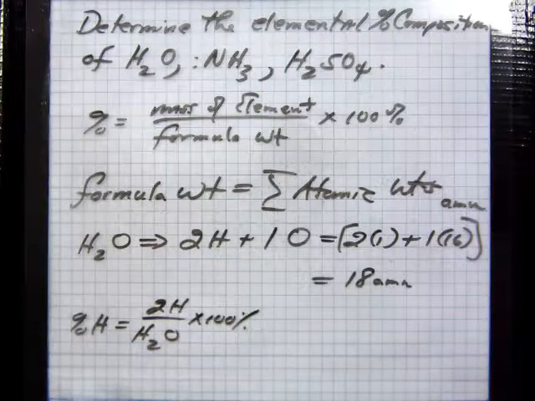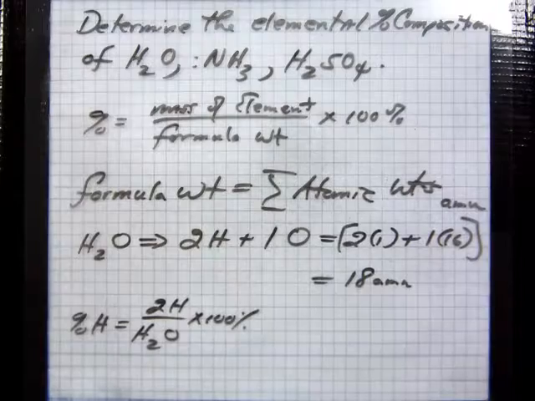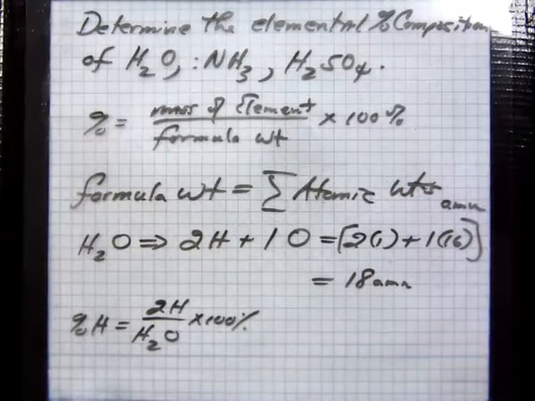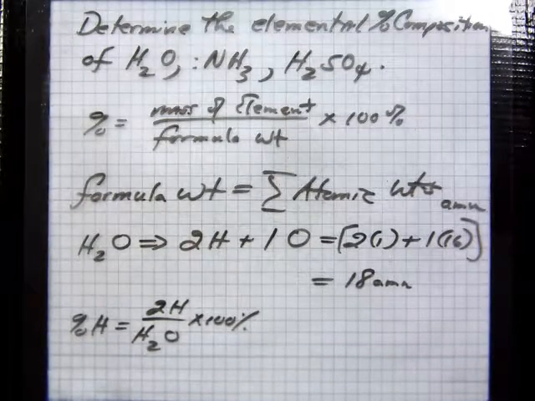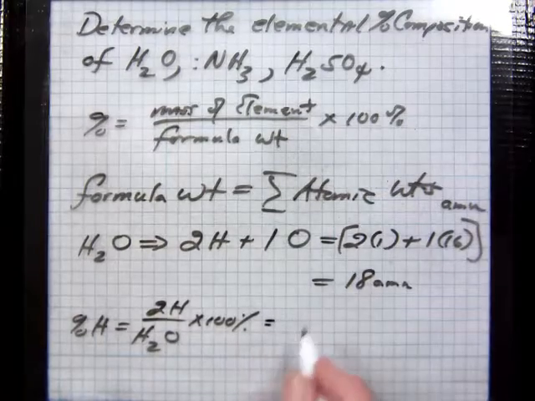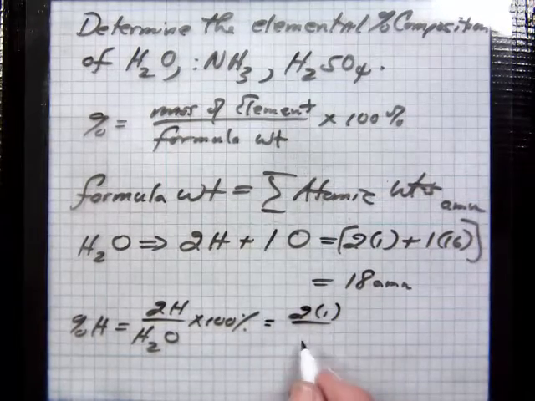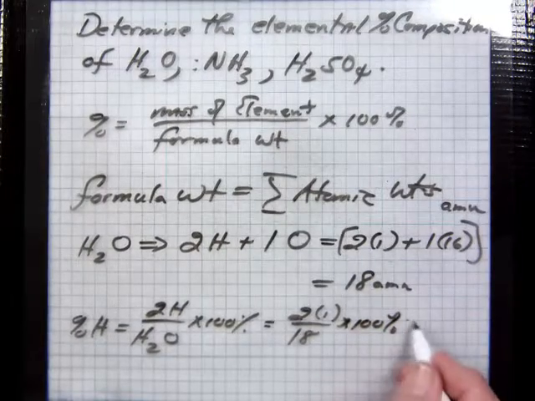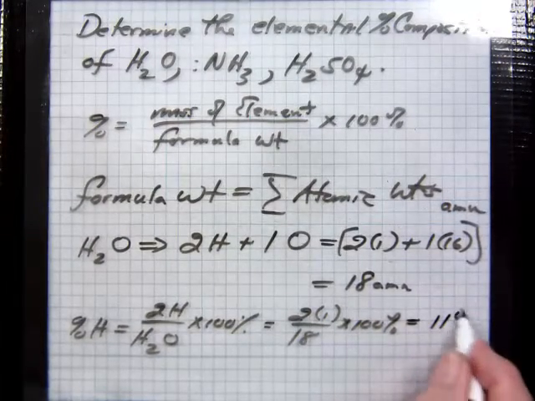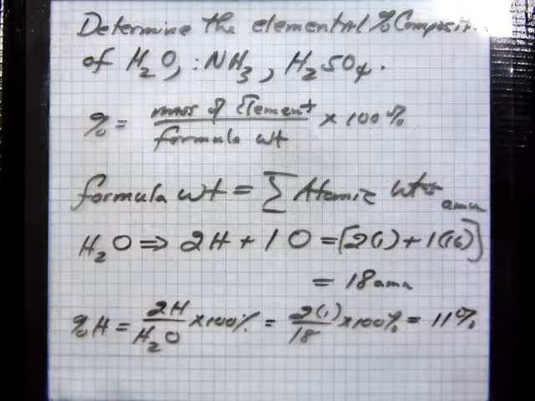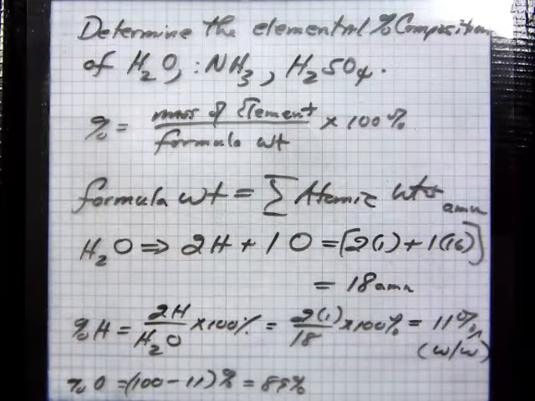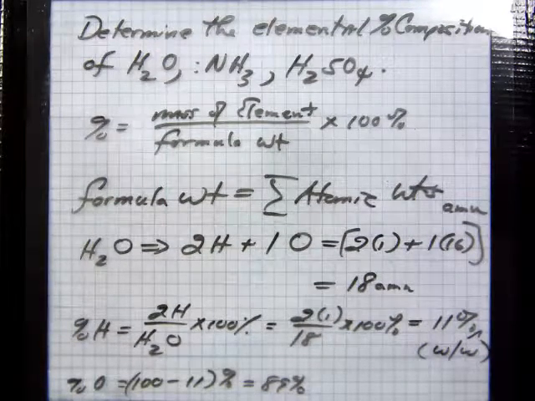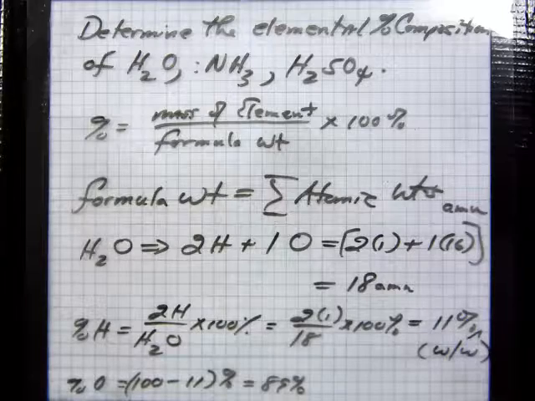So all you have to do is substitute the total mass of the element divided by formula weight times 100%. In this case, it's 2 times 1 over 18 times 100%, and that's about 11% by weight. You can simply subtract it from 100 since there's only 2 in there.